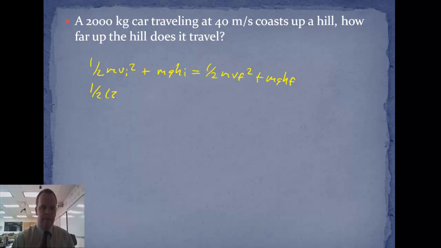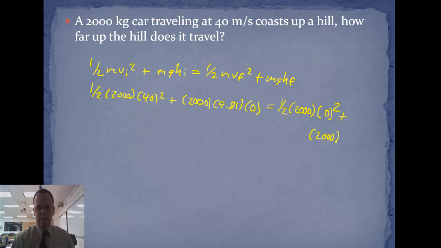So 1/2 2,000 times 40 squared plus 2,000 times 9.81 times 0 equals half 2,000 times v final squared, at the highest point its velocity will be 0, plus 2,000 times 9.81 times h final.